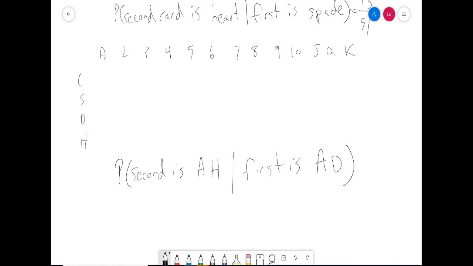And here what I want you to really consider is the fact that we're talking about an ace in both cases, right? An ace of a different suit. So the probability that the second is the ace of hearts given the first is the ace of diamonds.